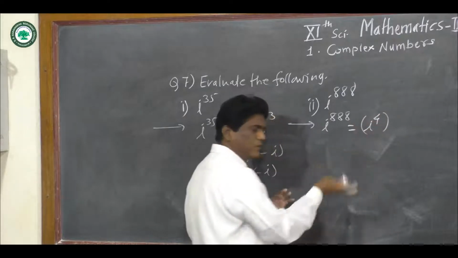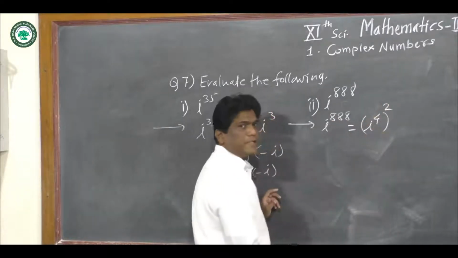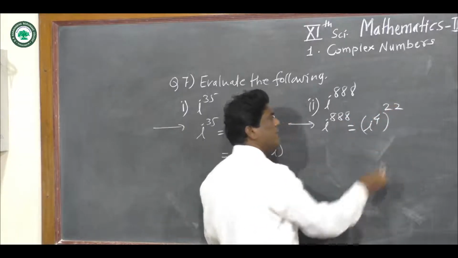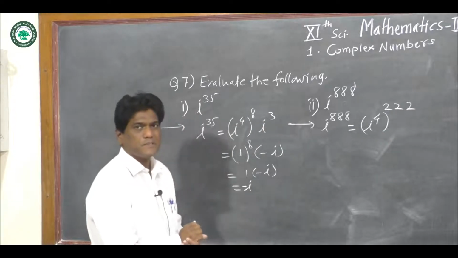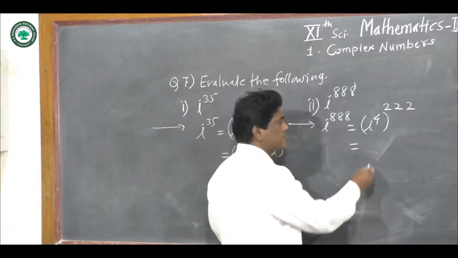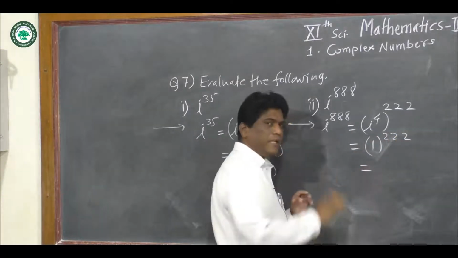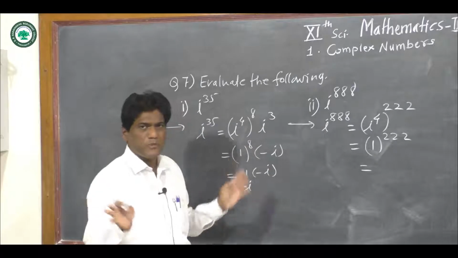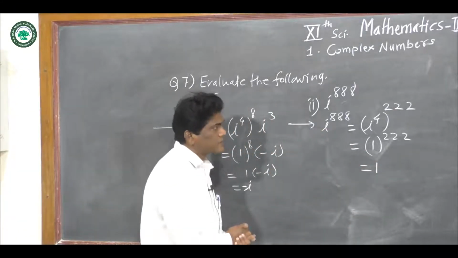Firstly write down 4 and divide by 4. 4 2s are 8, 4 2s are 8, 4 2s are 8. There is no remainder. So here we know that i to the power 4 is 1. So 1 to the power 222. 1 to the power anything, maybe 0, maybe positive, maybe negative, it is 1. So it is 1.